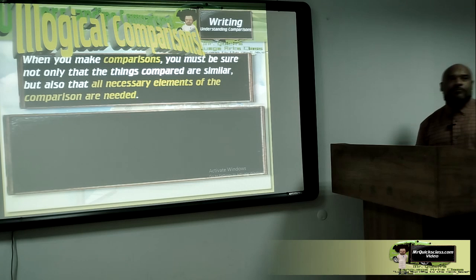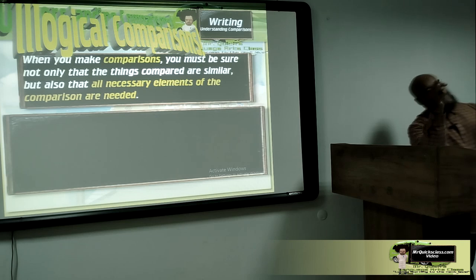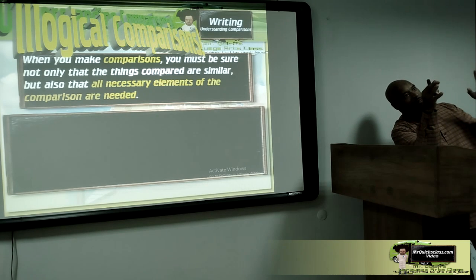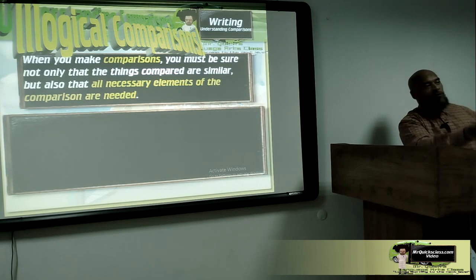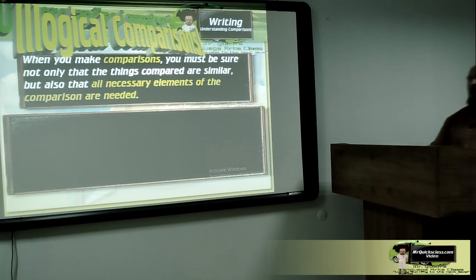So now it's not only making sure that the sentence is written in a way where it's complete, but now you have to make sure, can you even compare these two items? So let's look at an example.